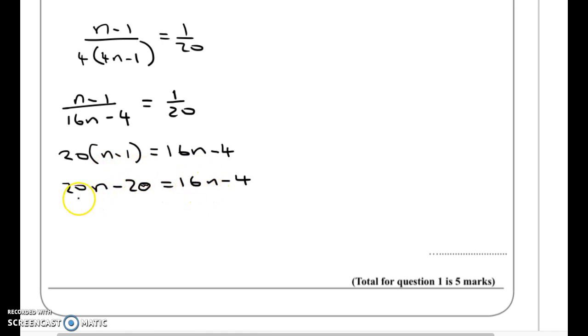If we take 16n from both sides, it cancels there, and we're left with 4n this side. If we add 20 to both sides, get rid of it there, and we end up with 16 this side. Now all we've got to do is divide both sides by 4, and we have n equals 4.